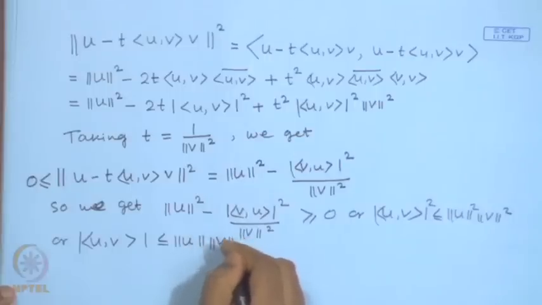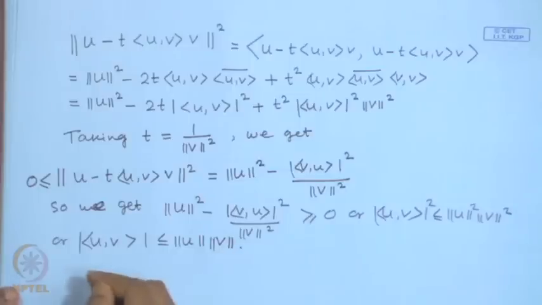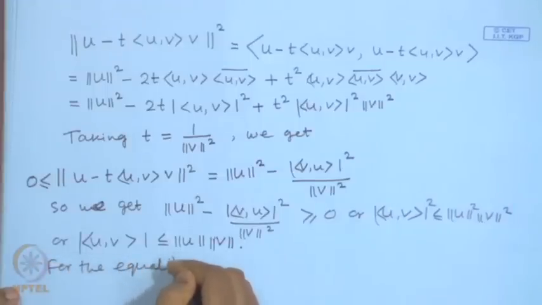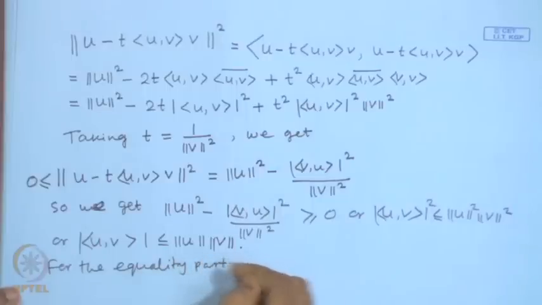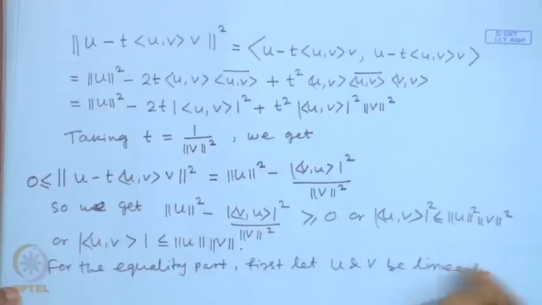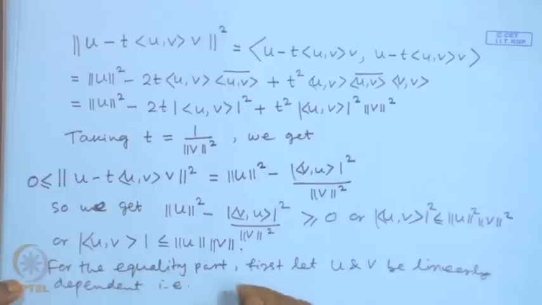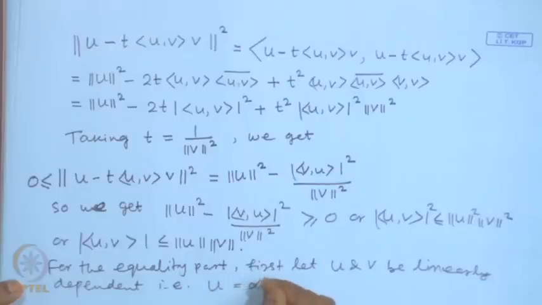Then next, for the second part, the equality part, first let u and v be linearly dependent, that is u is equal to alpha times v for scalar alpha.